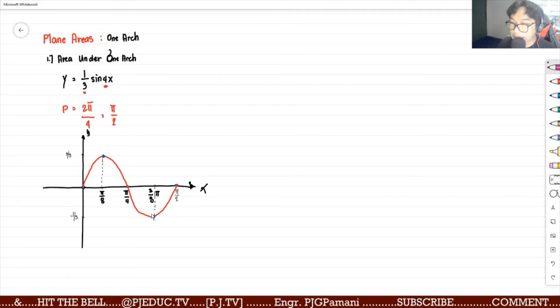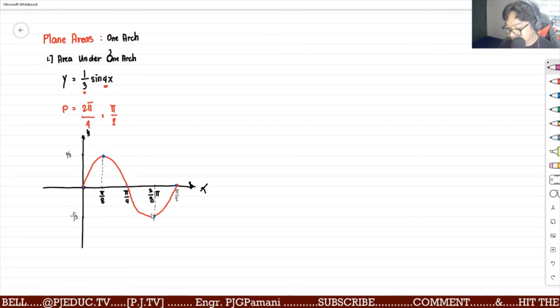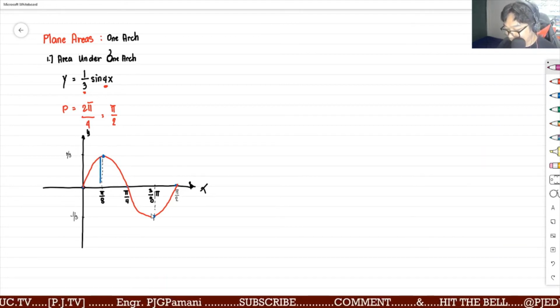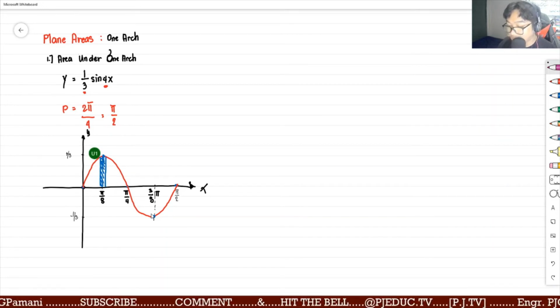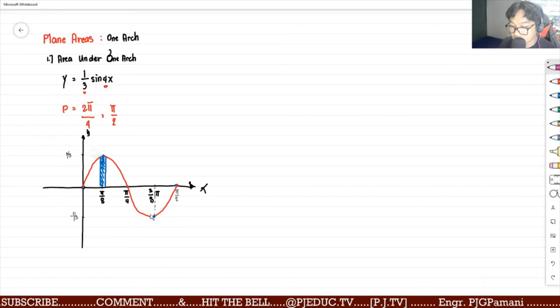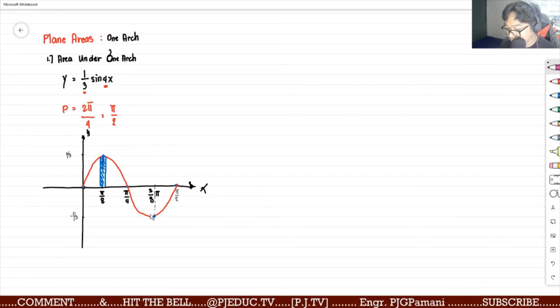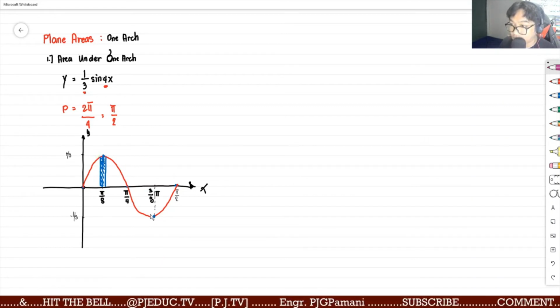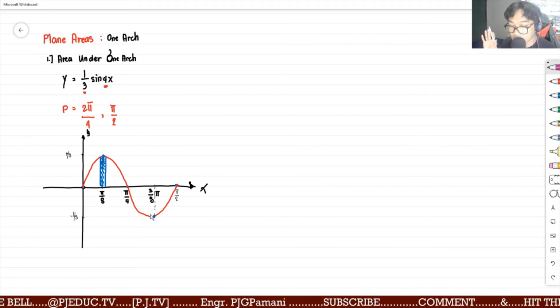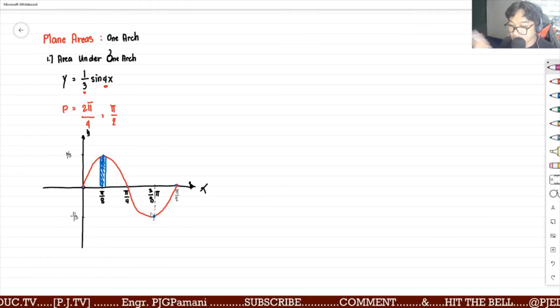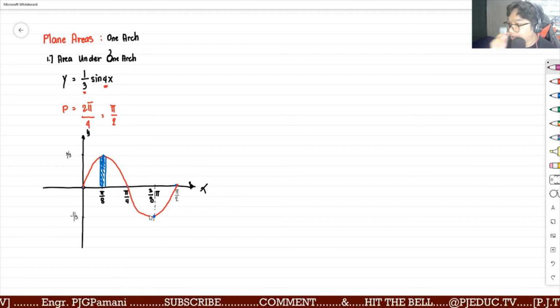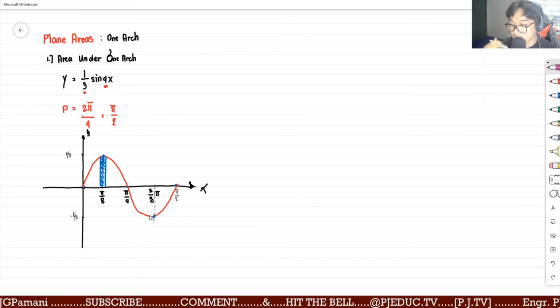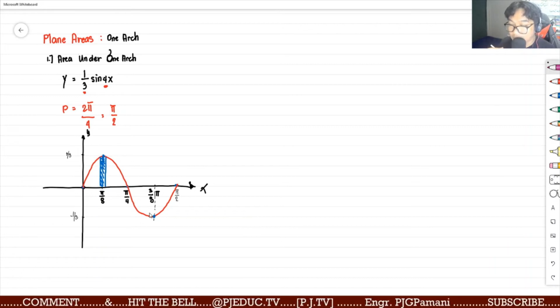And ang kailangan lang naman natin dito is the area on one arch. So, dito lang yan. Area on one arch. So, from 0 to pi over 4. Kayo bahala kung gusto nyo gumamit ng vertical or horizontal element. Pero for me, mas madali yung aking understanding, mas madaling gamitin yung vertical element.